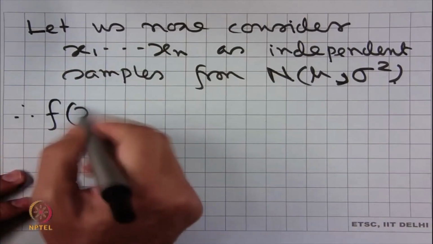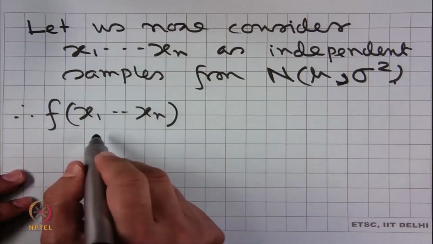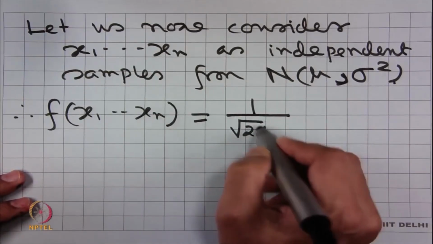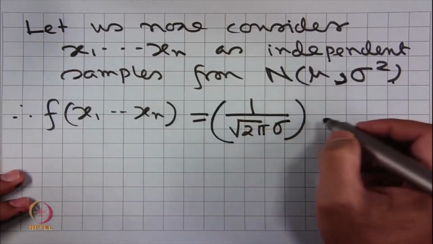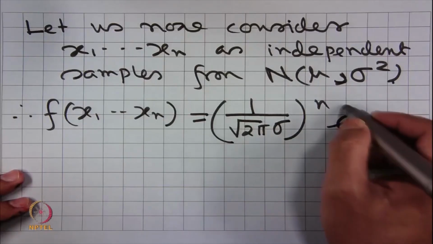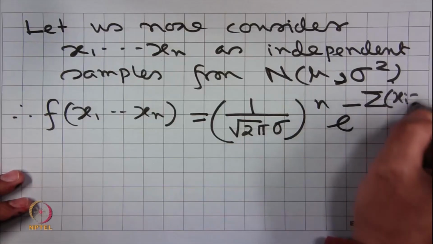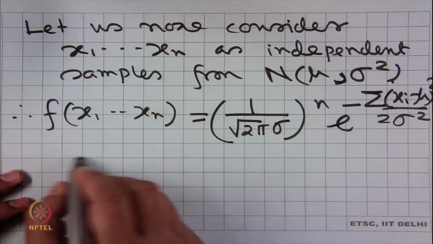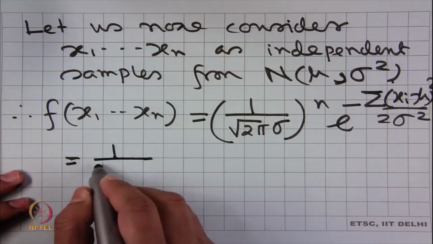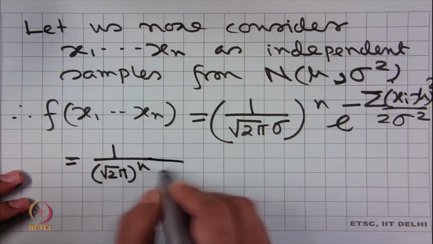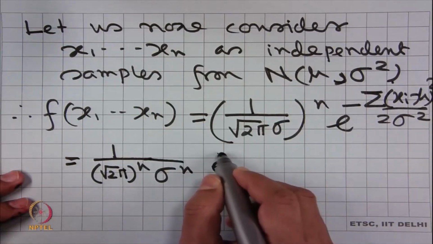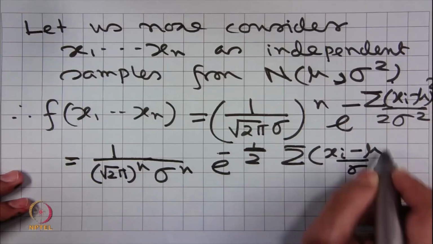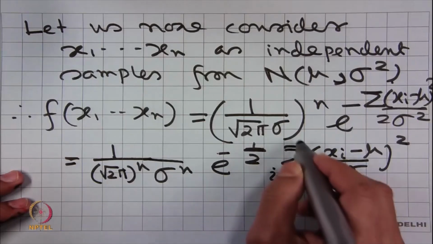Therefore, f of x1, x2, xn, which is the joint PDF of x1, x2, xn, is equal to 1 over root over 2 pi sigma whole to the power n, e to the power minus sigma xi minus mu whole square upon 2 sigma square, is equal to 1 over root over 2 pi to the power n sigma to the power n, e to the power minus half sigma xi minus mu upon sigma whole square, summation i is equal to 1 to n.